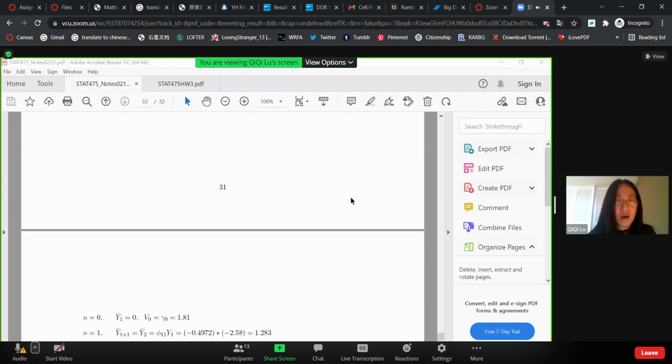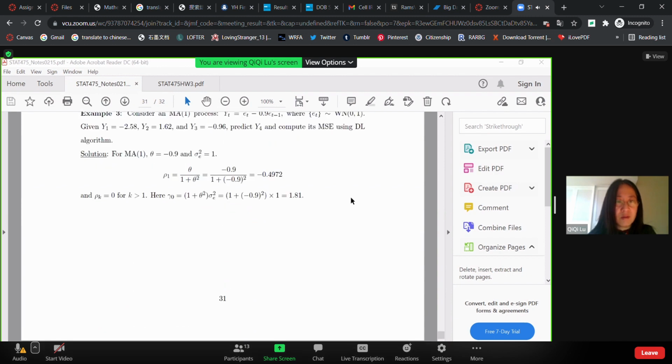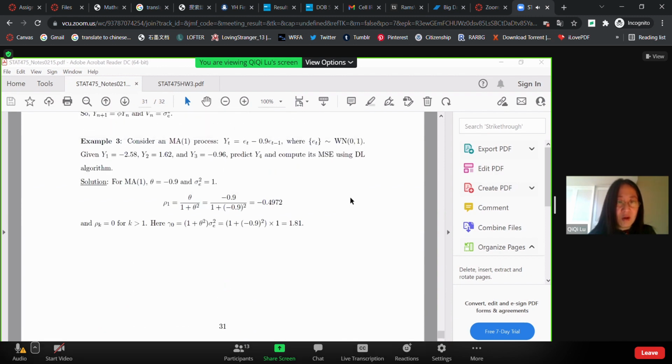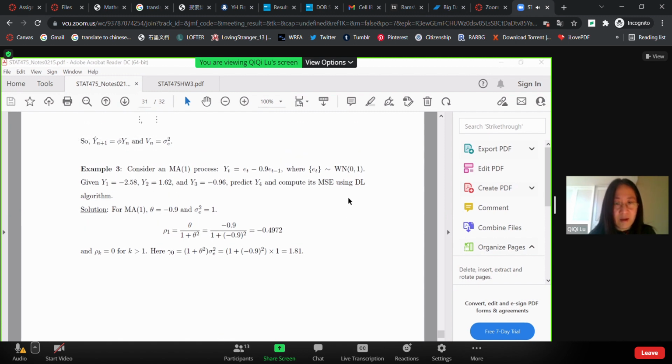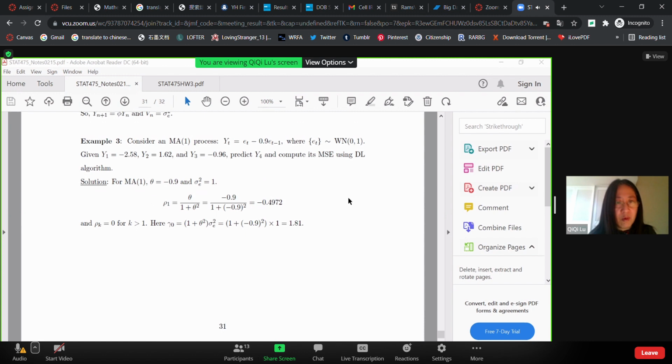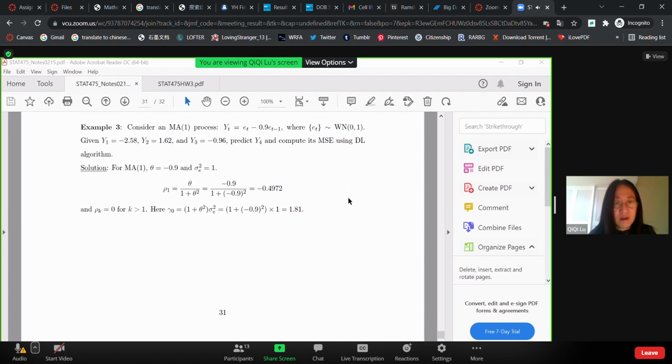So the DL algorithm is nice for the AR model because phi kk equals 0 for any k larger than p. But for MA, it's messy.